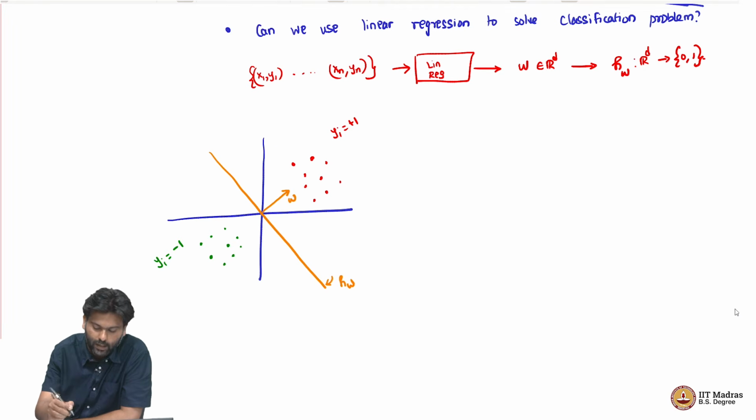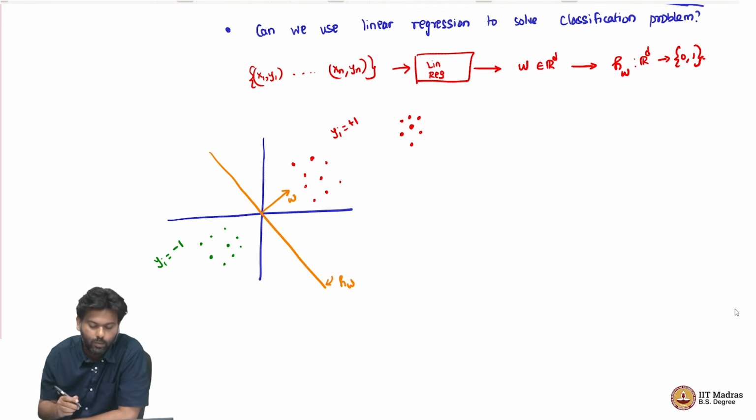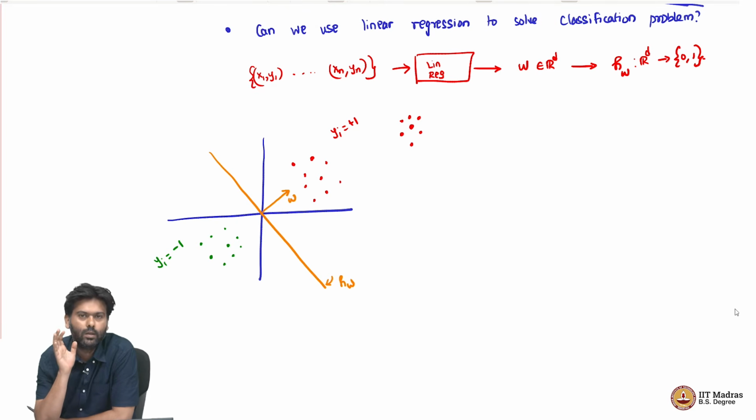Now, let us say I add a bunch of extra points, right? So, I add maybe a bunch of points here. Now the moment I add these points, in terms of classification, they should not really bother the line that we have found, because these points are still on the correct side of the line.